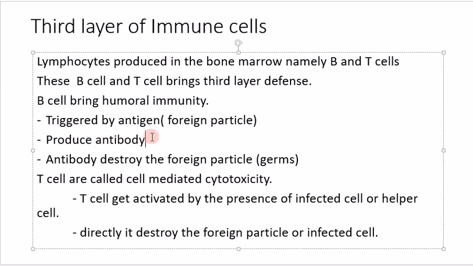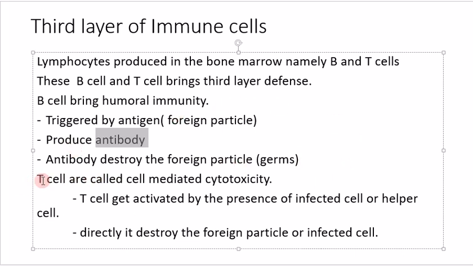Okay, they produce antibody, which is a chemical. These antibodies destroy the foreign particles. So the B cell itself is not directly involved in breaking down the foreign particles, but it produces antibodies, and these antibodies destroy the foreign particles.